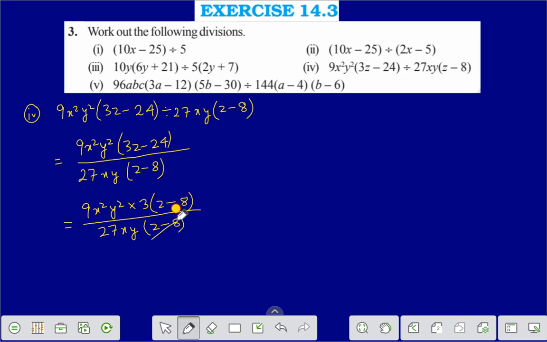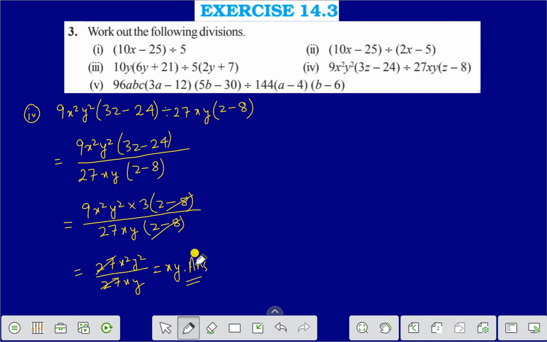You see, z minus 8 will cancel, and we are getting 9 times 3, 27, x square y square divided by 27xy. This will cancel, and x square y square divided by xy is equal to xy, and that is the answer of question number 4.